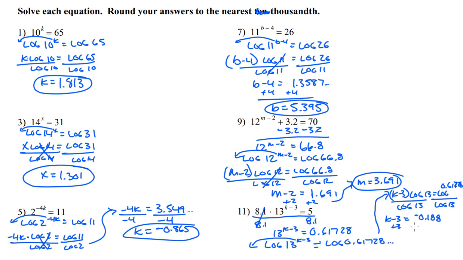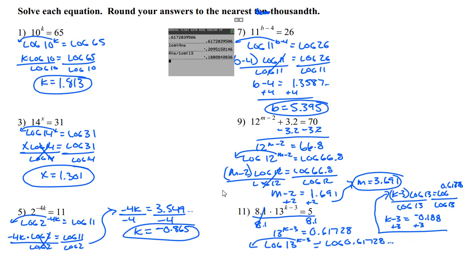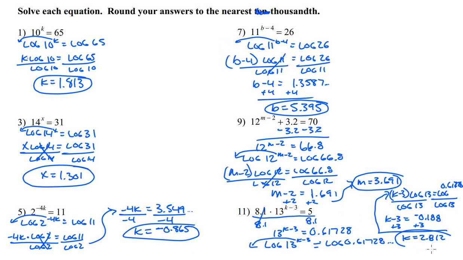Add 3 to both sides, and we get 2.812. K equals 2.812 for that one there.